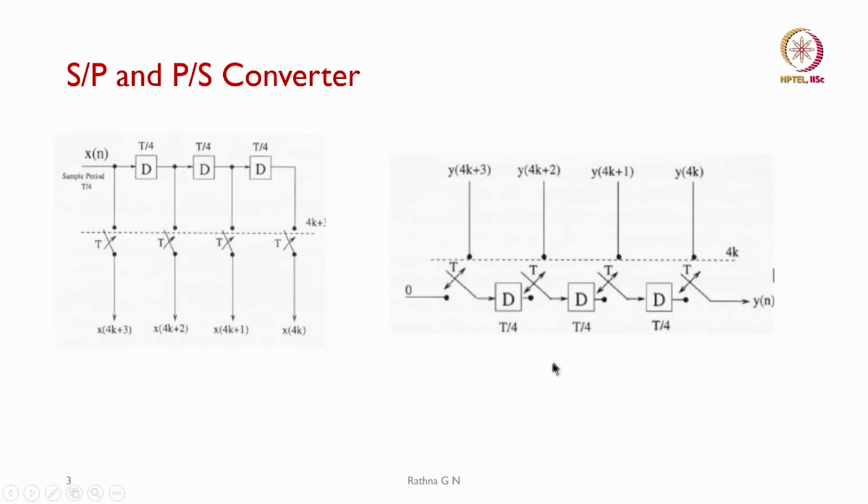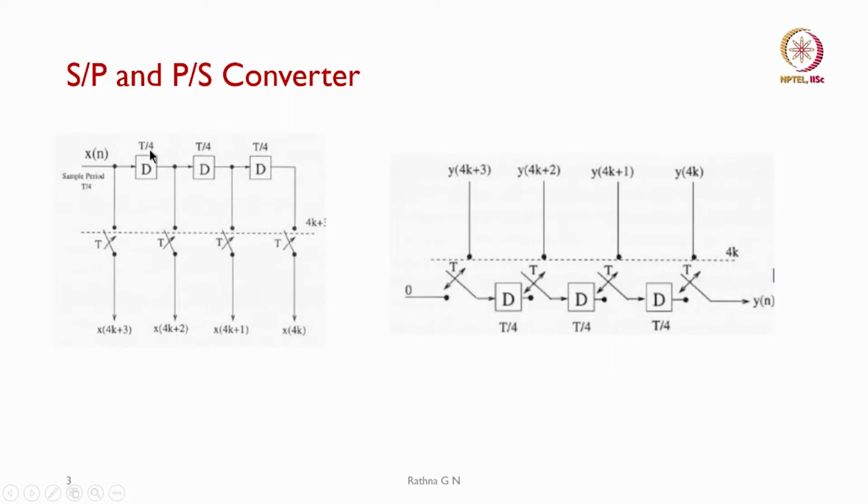We will see, using switches, how the serial to parallel converter and the parallel to serial converter work. This is my x of n, and the input is at T by 4. We provide delay elements in our path, and we provide switches to make sure that for the input given, the output has 4 of them.